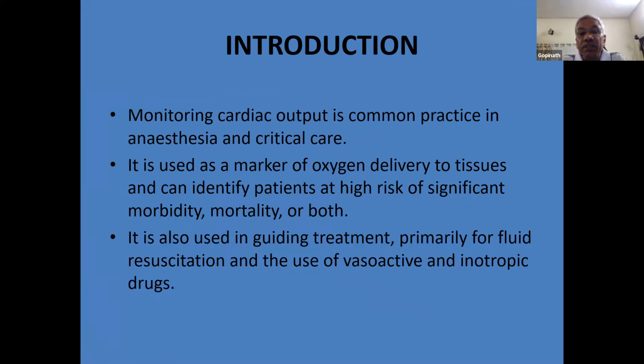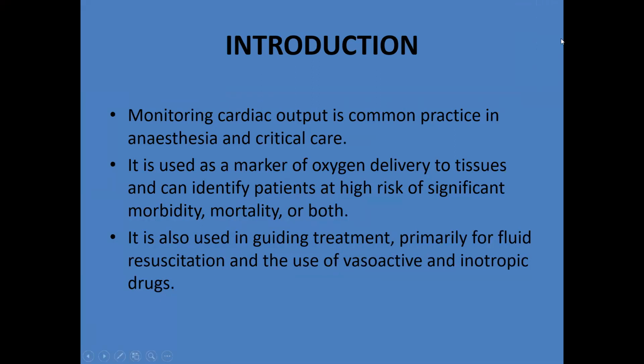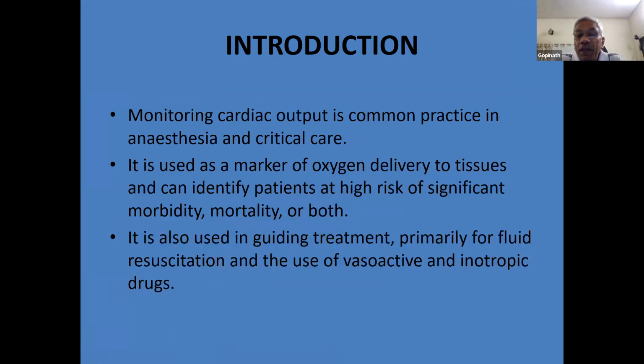So basically, apart from cardiac anesthesia, critical care, any other anesthetic kind of practice, we always look at the cardiac output being a marker of oxygen delivery to the tissues or the tissue level. And it is a way of identifying if patients are at high risk of significant mortality or morbidity or both.